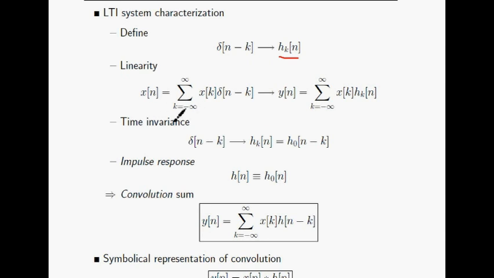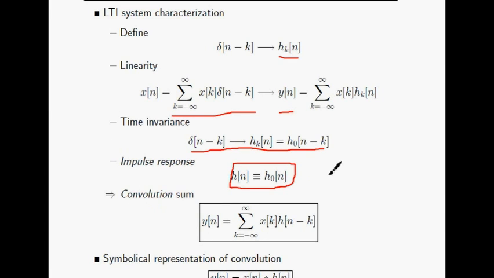By the linearity property, if x[n] is this signal and it produces output y[n], it will change corresponding to x[k] h_k[n], because I have defined delta[n minus k] to give h_k[n]. For the time invariance property, you can also verify it, and the impulse response is denoted by this for the function I have defined.